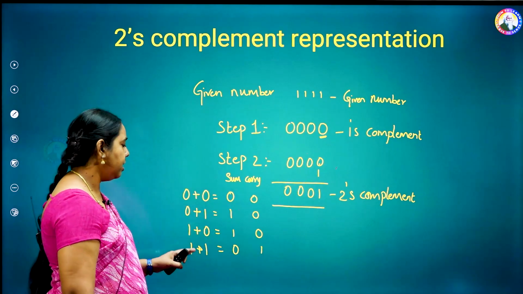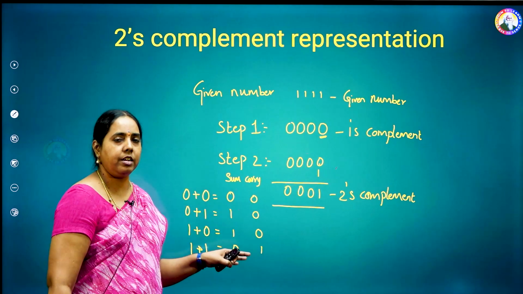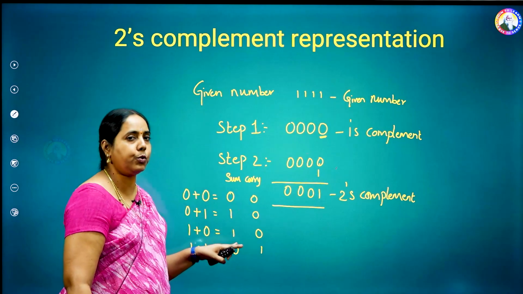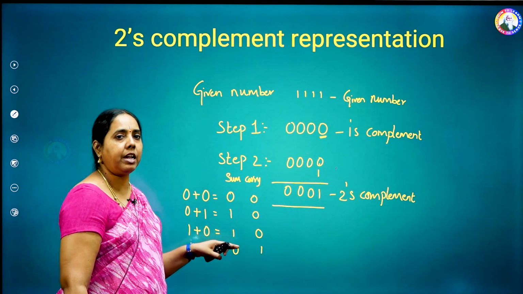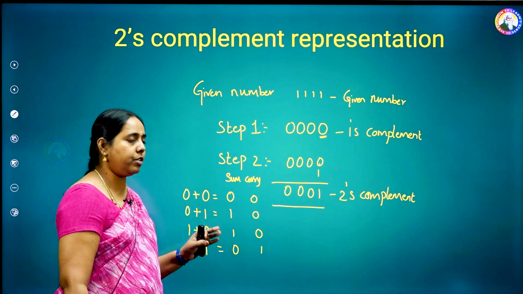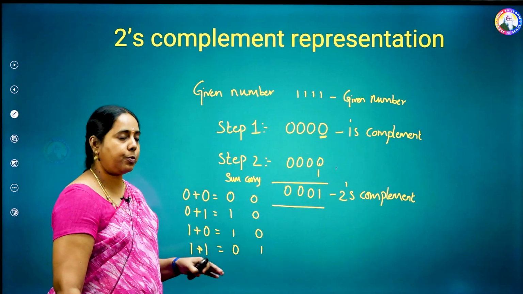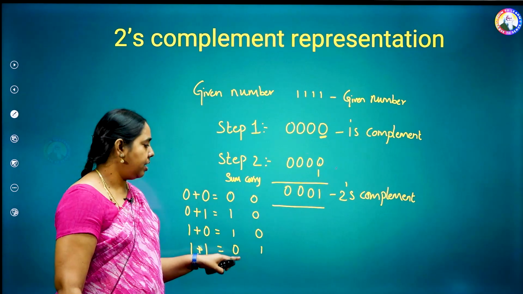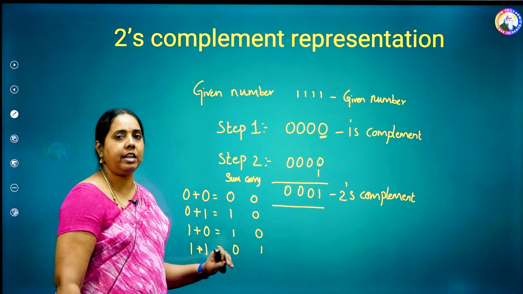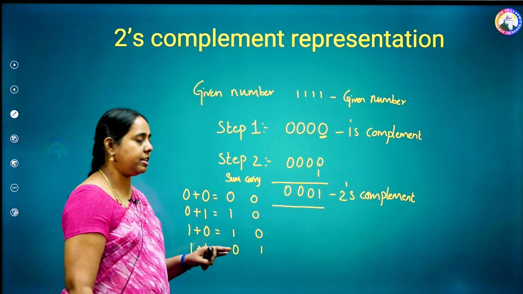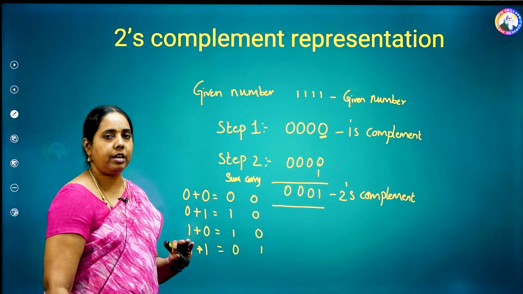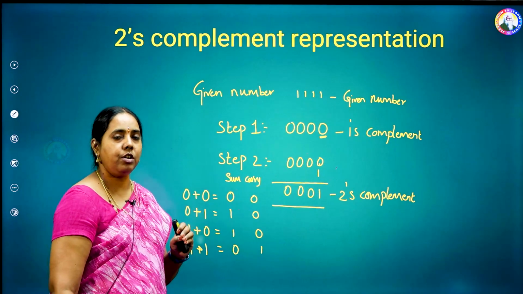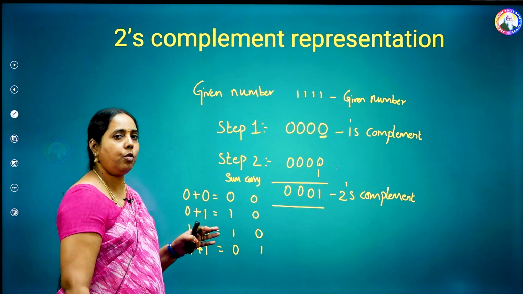Because if I add 1 plus 1, in general in decimal we call it 2. But in binary we are not supposed to represent it as 2. That's why it is called sum 0 and carry 1, meaning that 2 is represented in this form, 0 1. Like 0 0 is 0, 0 1, 1 0, 1 1.